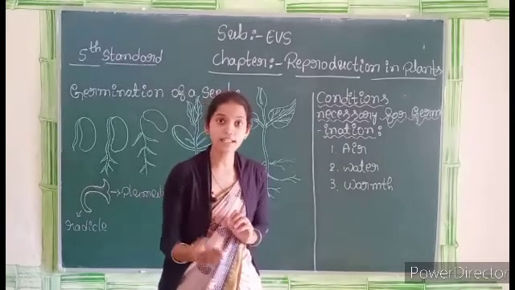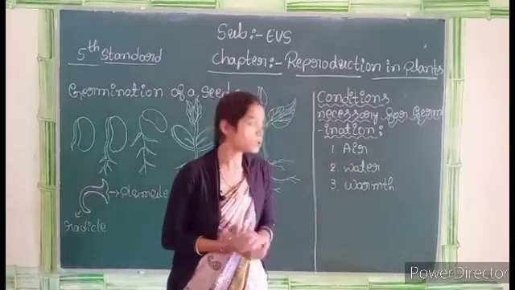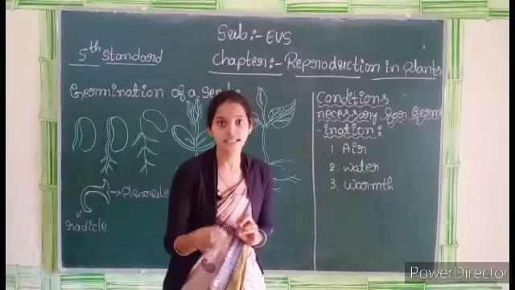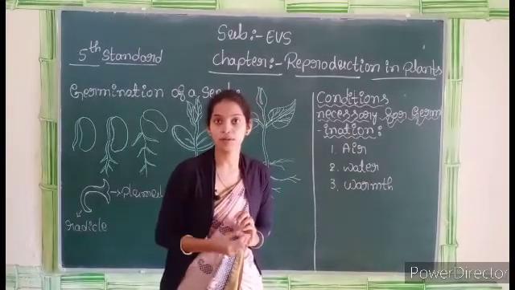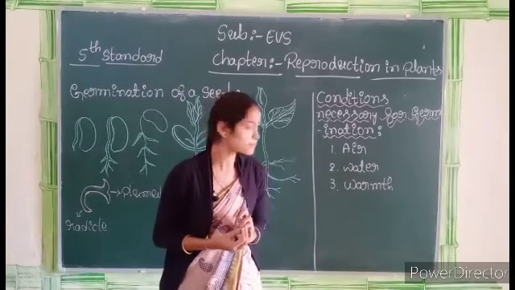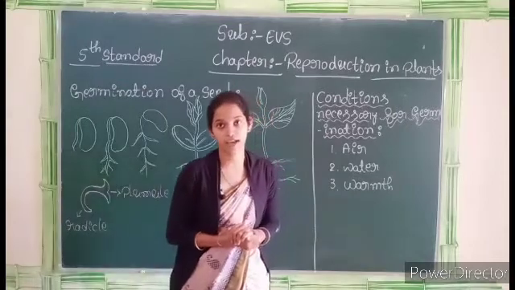Right? For that purpose, water is required. And this water also changes the food stored in the seed into soluble form, which is helpful for the baby plant. Okay? Then warmth. Warmth in Kannada, ಉಷ್ಣತೆ.